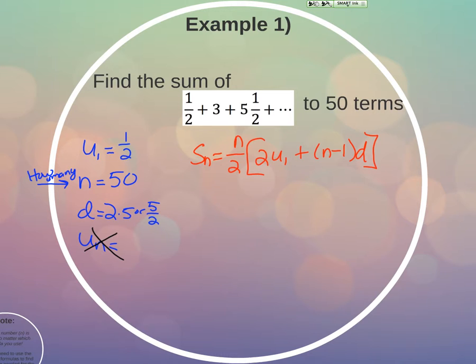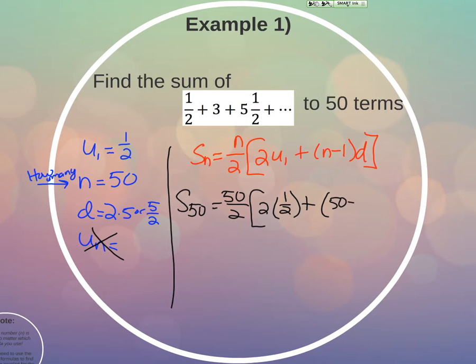And then I just plug these in. So the sum of the first 50 terms, S sub 50, is equal to 50 divided by 2, times 2 times 1 half, my first term, plus 50 minus 1 times 5/2 or 2.5, depending on if you're going improper fraction or decimal. So of course it's important that we put everything where it needs to be.